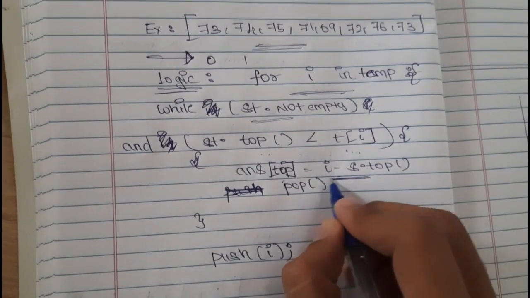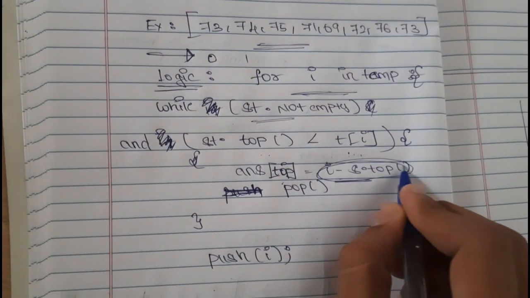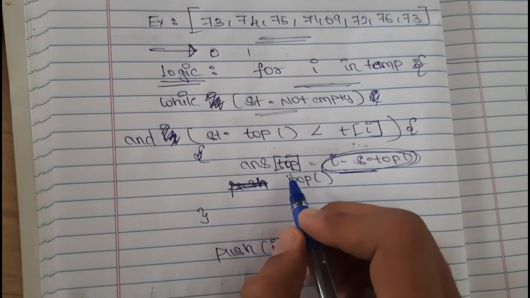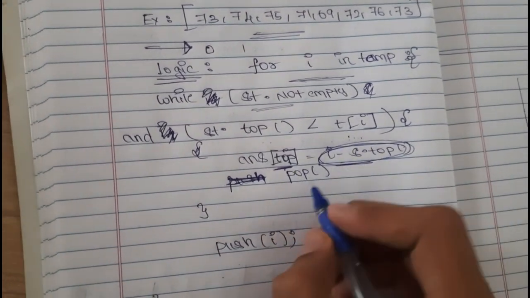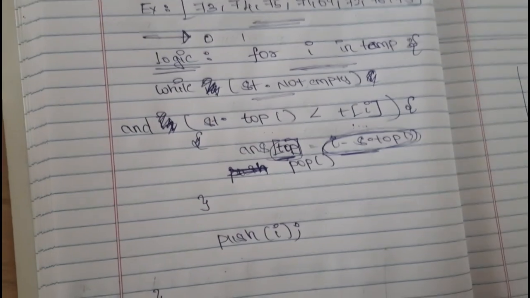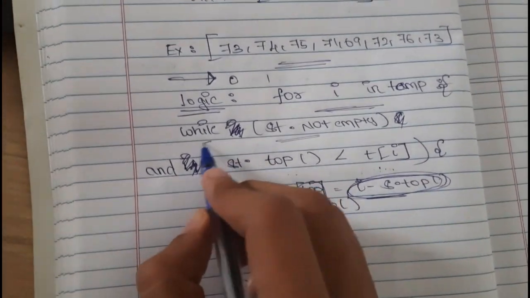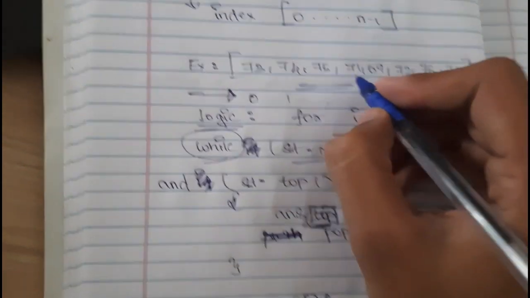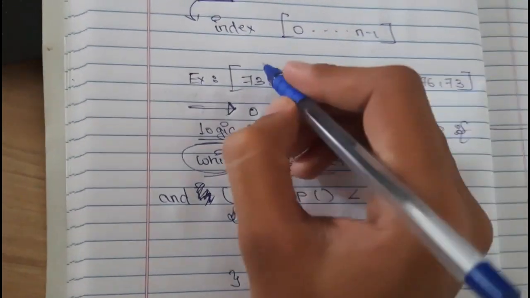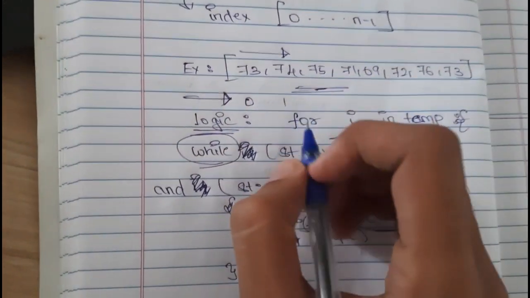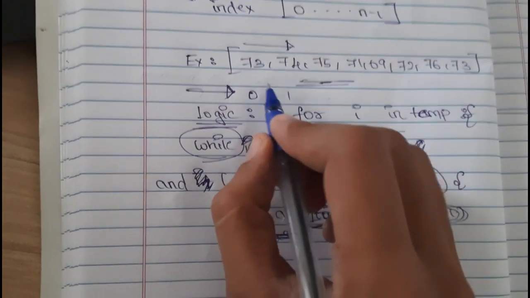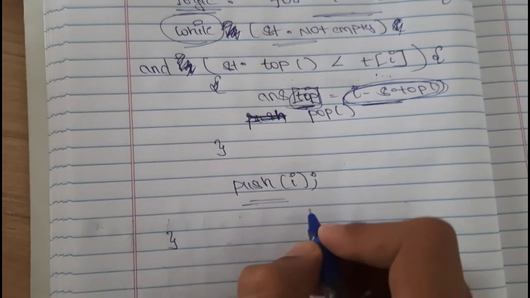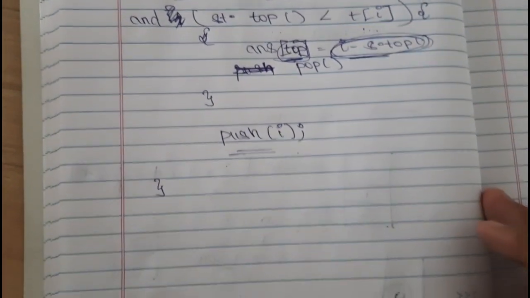This gives the number of days remaining to get a temperature greater than the top's temperature, and we will pop the top index. This follows a while loop, because we are checking whether the current temperature is greater than any previous temperatures and updating the number of days required for the next greater temperature. Then we will push the current index into the stack itself.